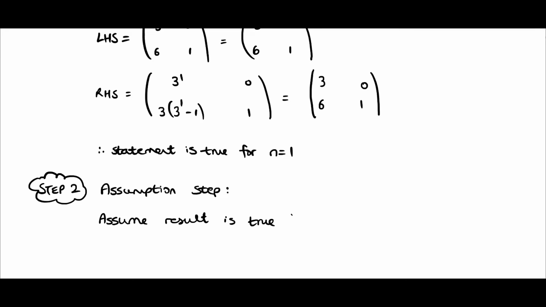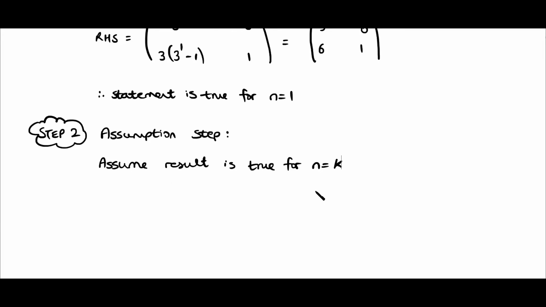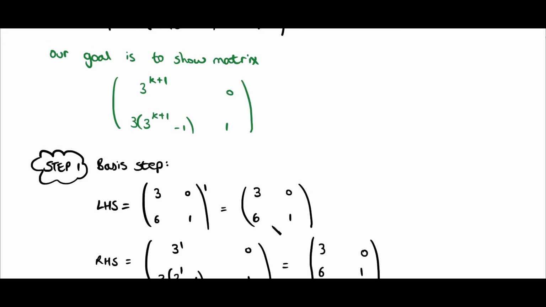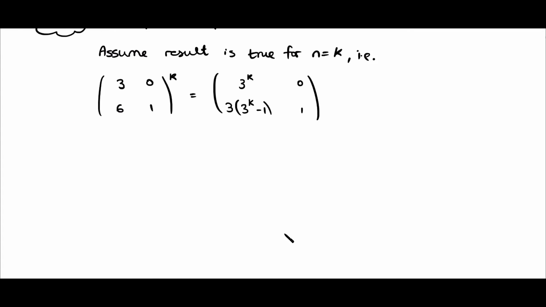That is to say, we have 3, 0, 6, 1 to the power of k equals 3 to the power of k, 3 lots of 3 to the power of k minus 1, 0, 1. Our third step would be our induction step, and that's when we introduce the value of n equals k plus 1.